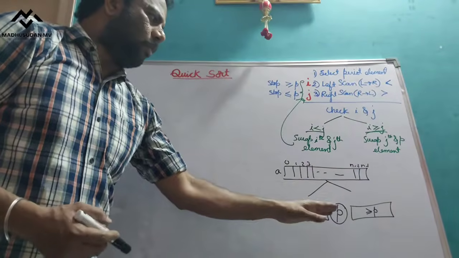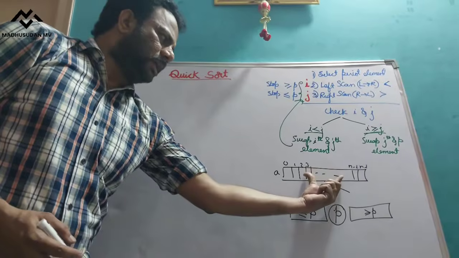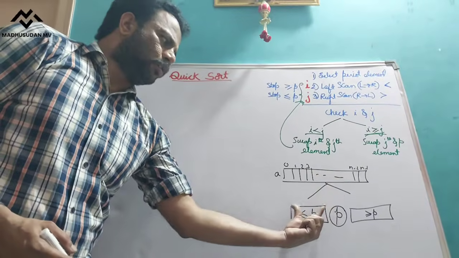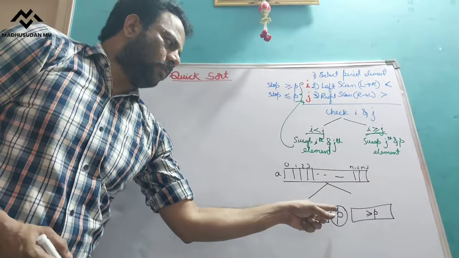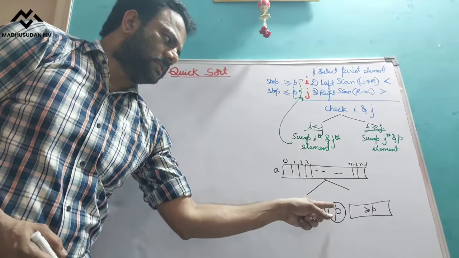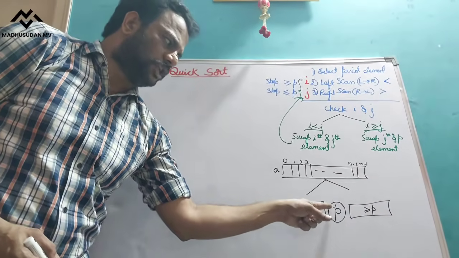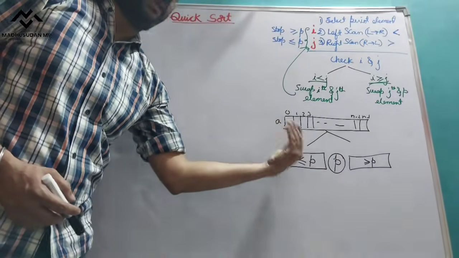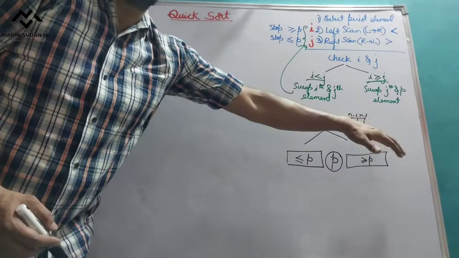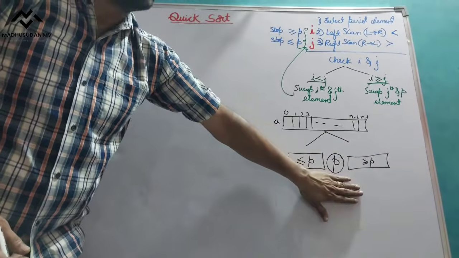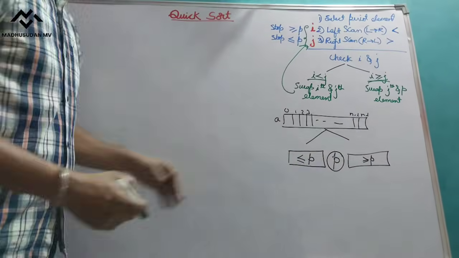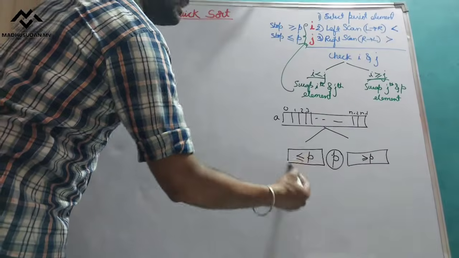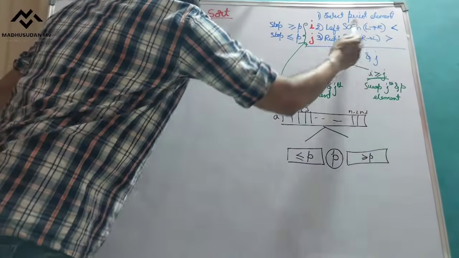Once we partition the array into two subarrays, the pivot element comes and sits in its final position, such that the lesser elements are kept on one side and the greater elements on the other side. This is the basic idea it is using. In order to keep lesser elements, we are doing what? Left scan.